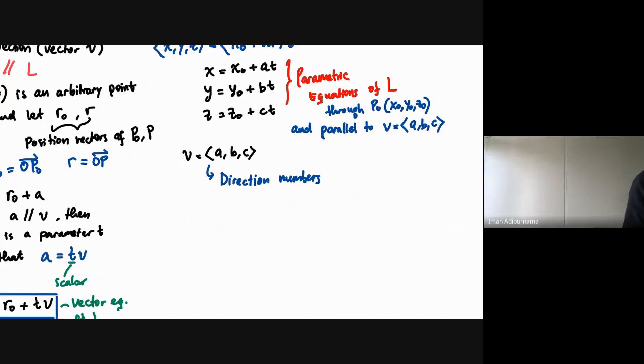And then we can try to solve for x, y, z in terms of t.